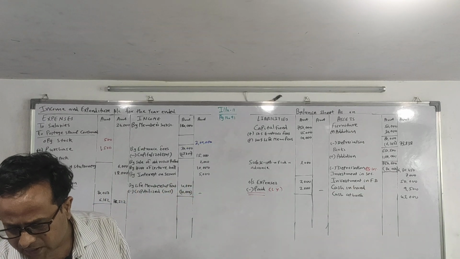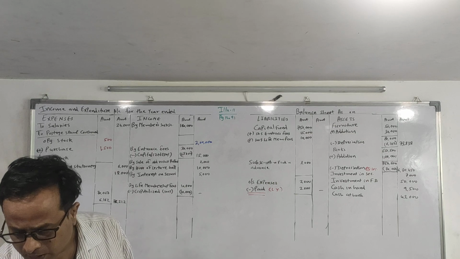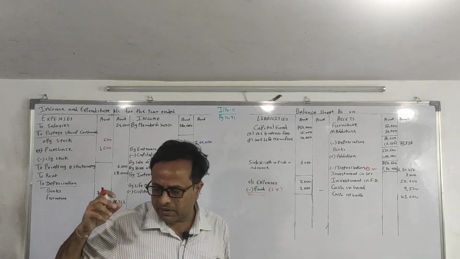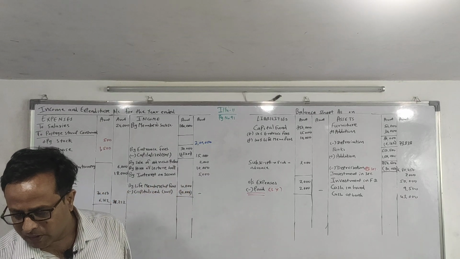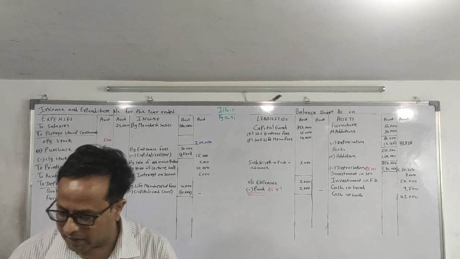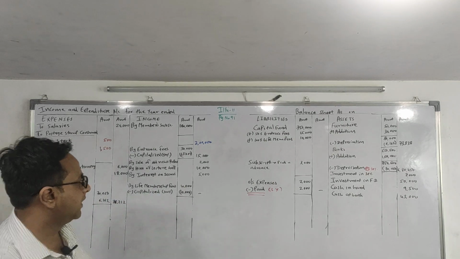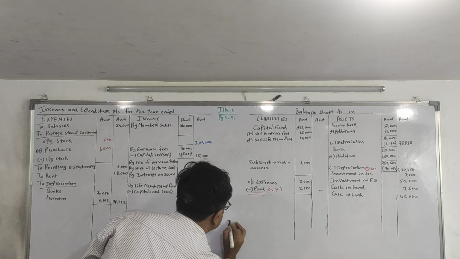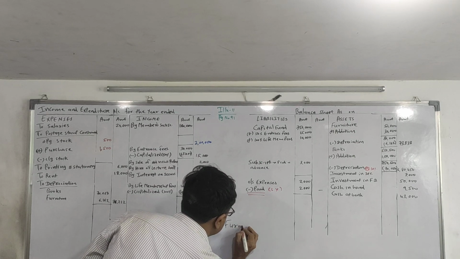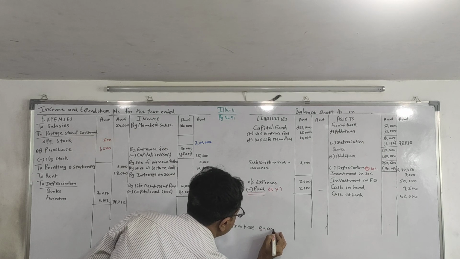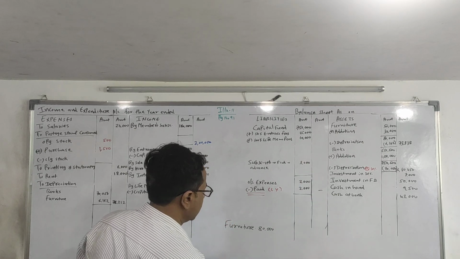Depreciation on furniture at 8.5%. Now you will see there is something written on the payment side, the purchase date of furniture. So we need to make a working note, like we have done in our partnership final account, for furniture. We have a total furniture of rupees 80,000.